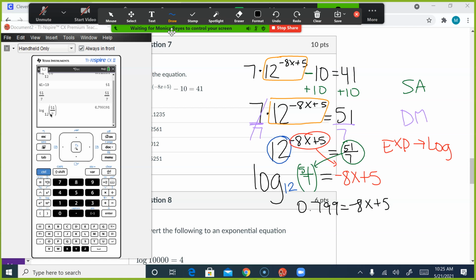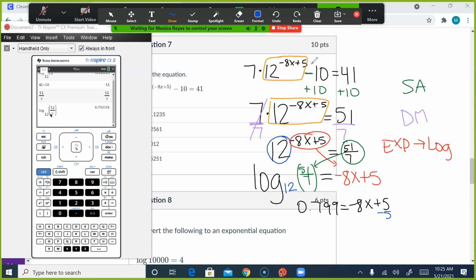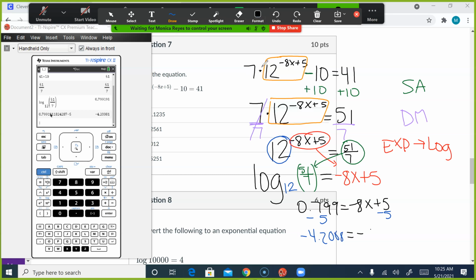So to this number, we're going to subtract the 5. So just over here, subtract 5. Again, it takes the whole decimal and it subtracts 5 from it. So I get negative 4.2008. And right here, it doesn't matter what you're rounding to because the calculator saves everything. But in the end, we want only 4 decimals.